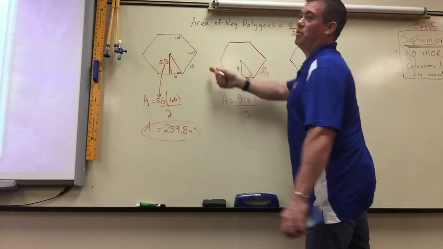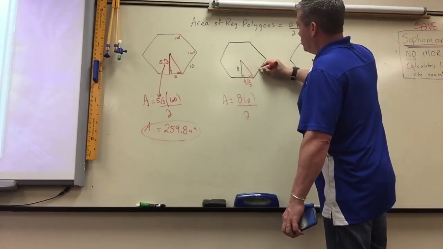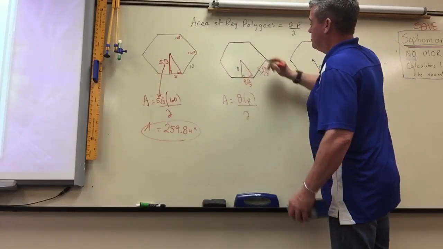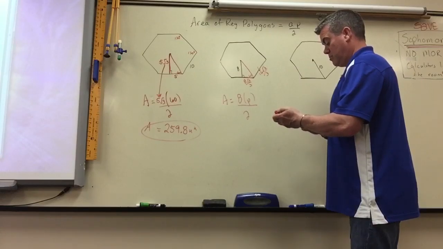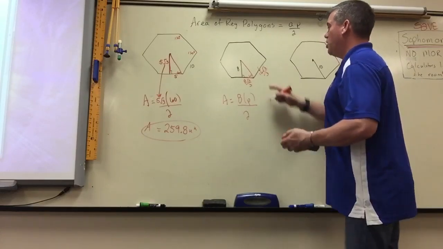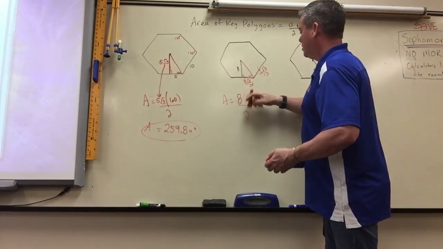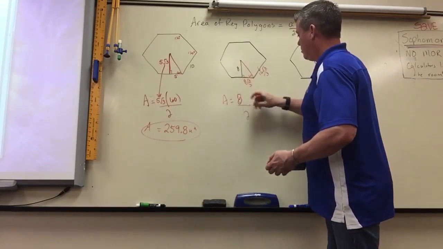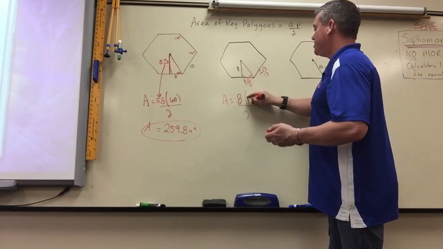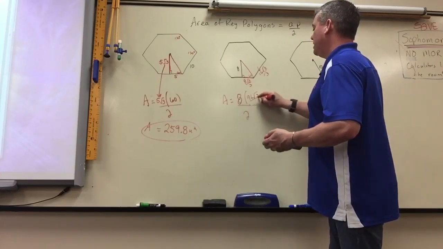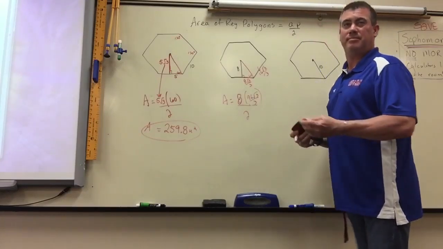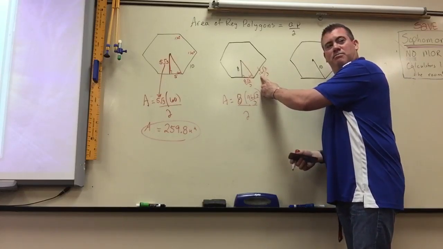So 6 of those, you just take that times 6. So all the way around, it would be 96 square root of 3 divided by 3. Now does everyone understand where I got the 96 from?